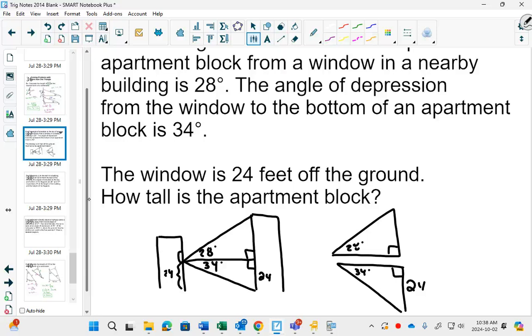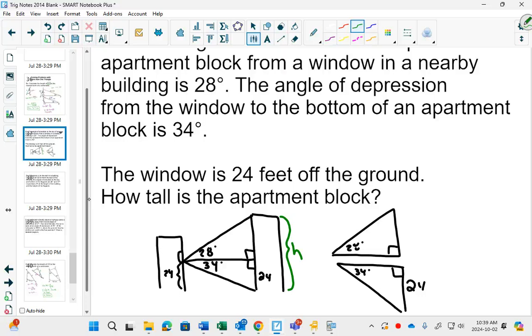What do I want to find? I want to find the entire height of the apartment block. So here is the apartment block. I'm going to use H for height, seems like a good letter. I want to find that entire height. What do I need?